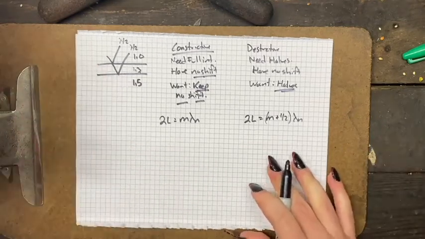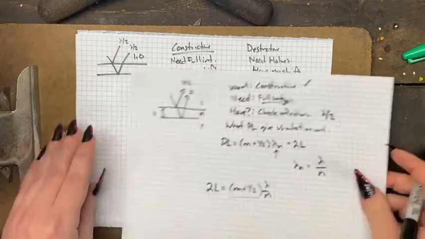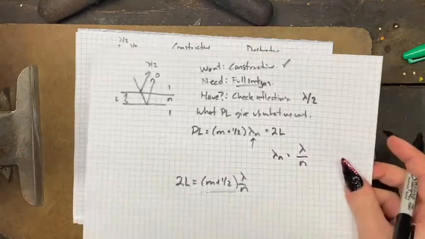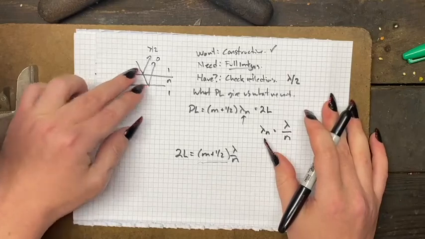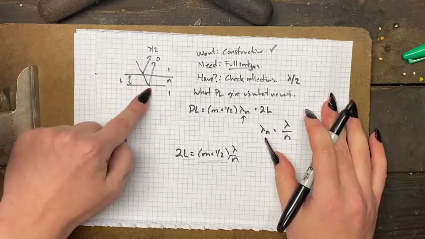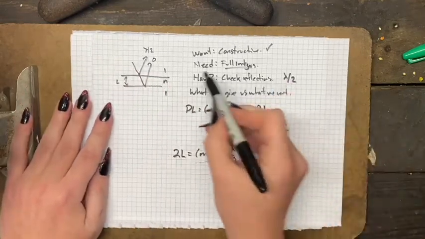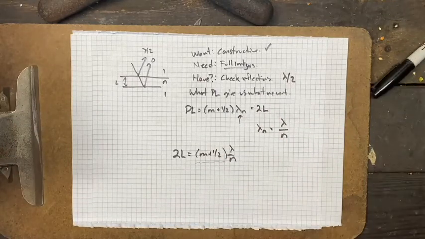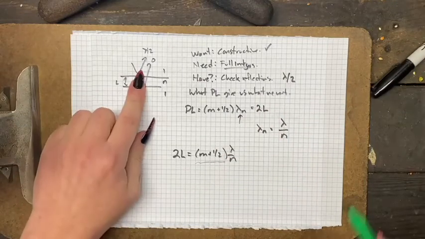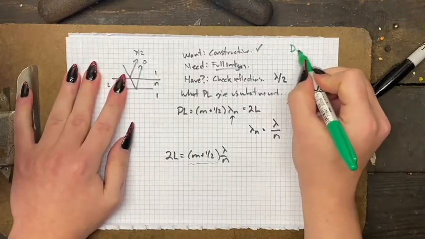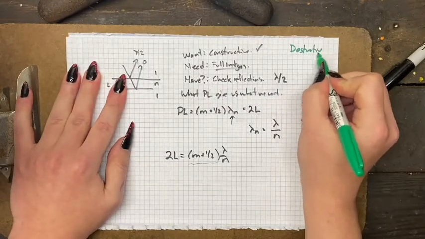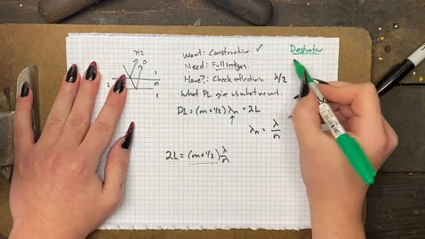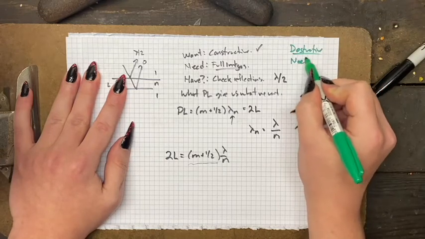Okay, so it's kind of hard to make a cookbook. I could make a matrix with like 4 different possible cases or even more, depending on, well, did the top shift or the bottom shift? I don't know. If this was the constructive case, and let's say in this case where you already had a half due to reflections, let's say that we want a destructive instead. Okay, that's what you want. You need halves.